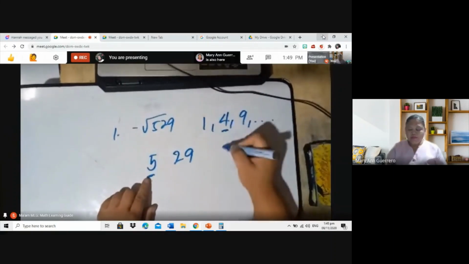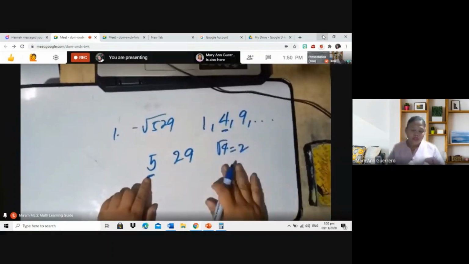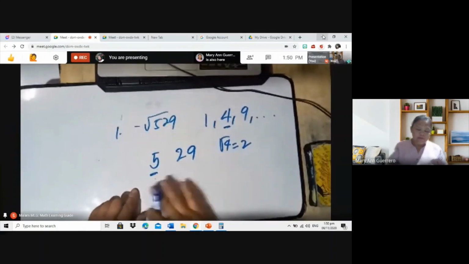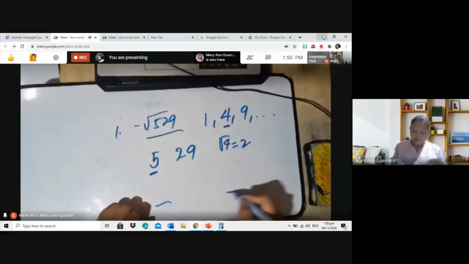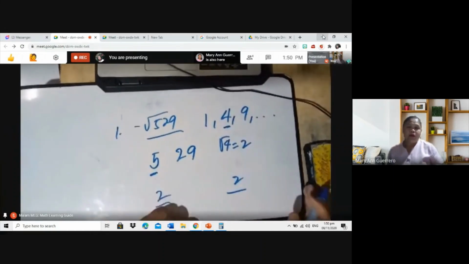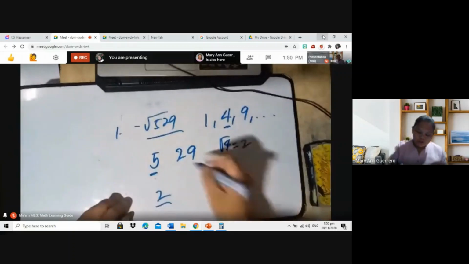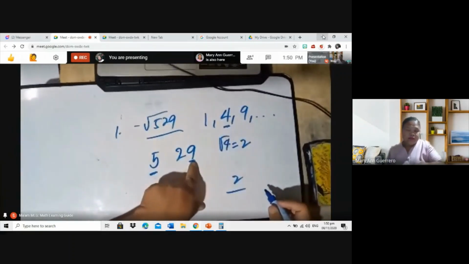So, square root of 4 is 2. Okay? So, ibig sabihin nun, si square root of 529 is line of 2. Line of 2 siya. Okay. Bakit meron tayong dalawang options? Kasi, yung dulo natin ay 9. Okay, 9.